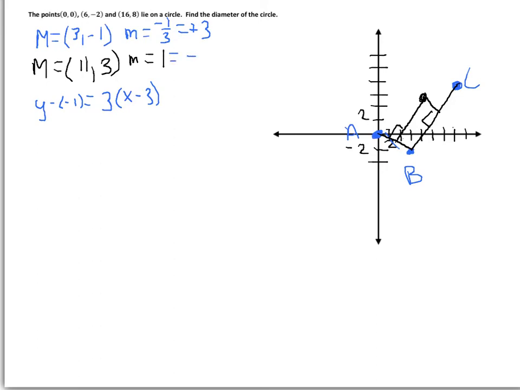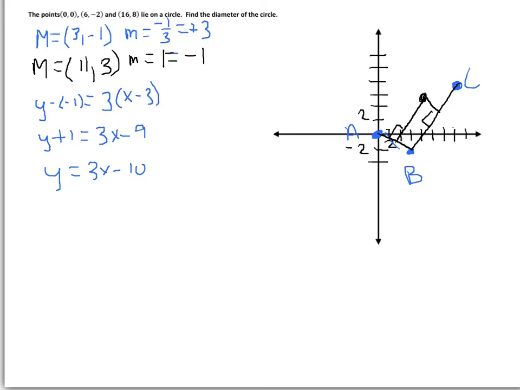The negative reciprocal of this would be negative 1. So then you'd have y plus 1 equals 3x minus 9. Subtract the 1, you get y equals 3x minus 10.